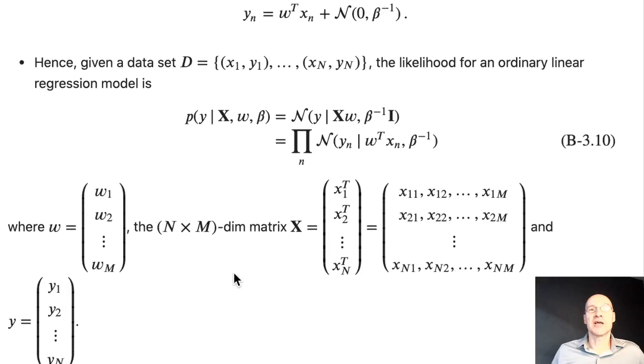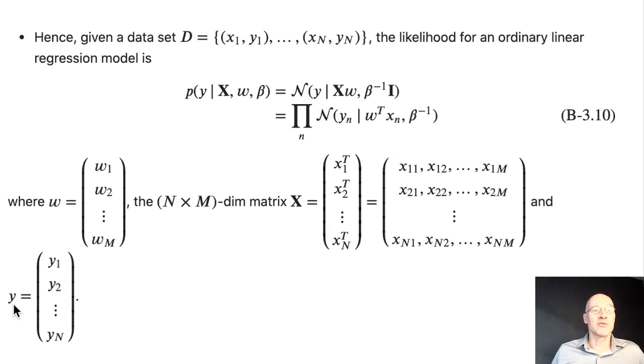So we're going to now write this. Y is y1 through yN, and N is the number of observations. We're going to collect all the inputs in a matrix X here. So this is basically horizontally X1, and here is X2, and here is Xn, and this is my W.